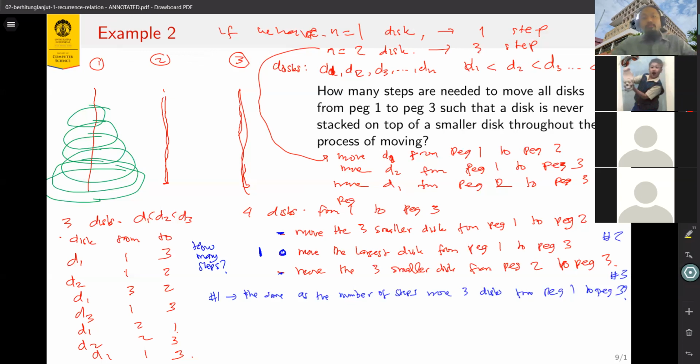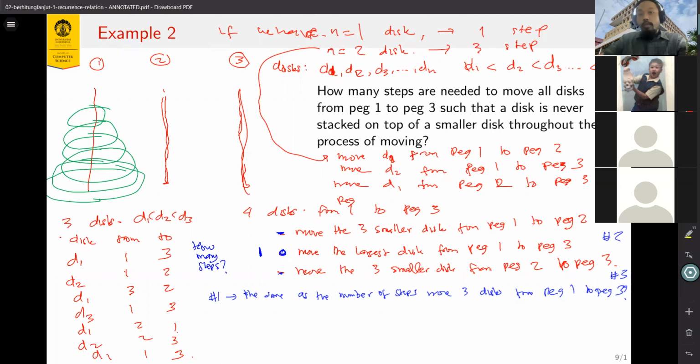Let's start from if I only have one disk. If I only have one disk, the number of steps I need to move that one disk from peg 1 to peg 3, is it the same as the number of steps of moving that one disk from peg 1 to peg 2? Yes, exactly, right? Now, what if we have two disks?